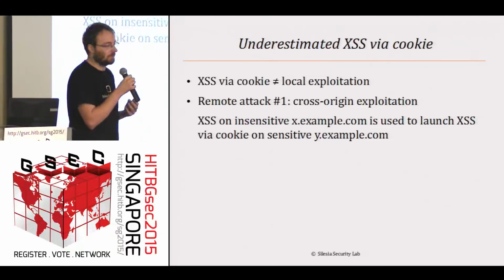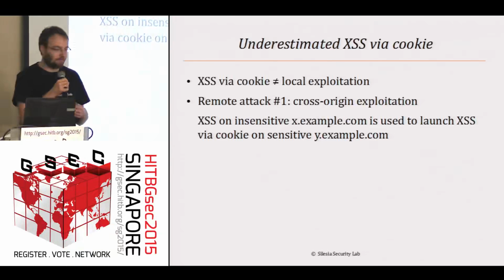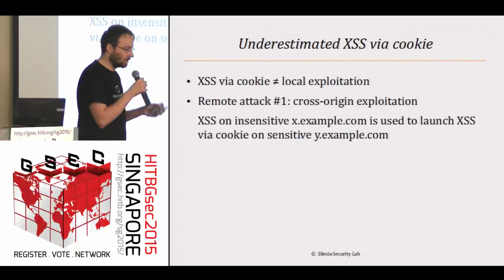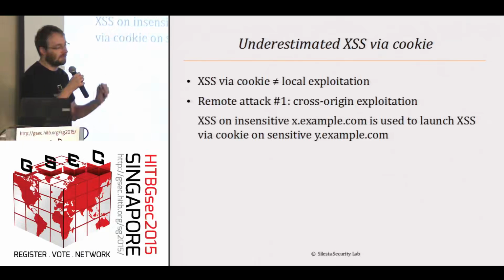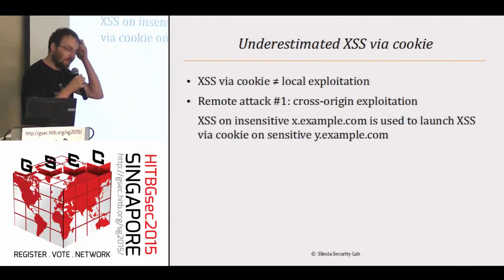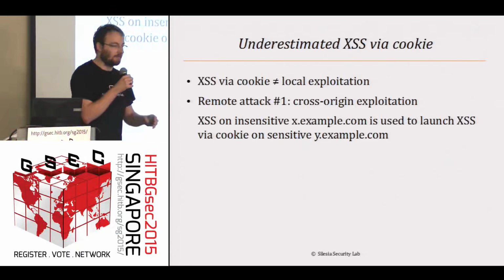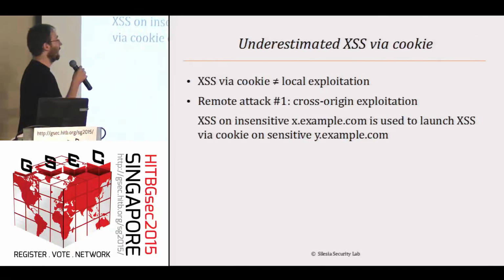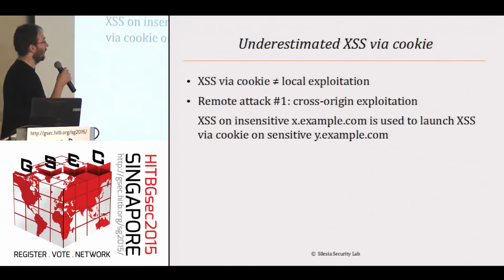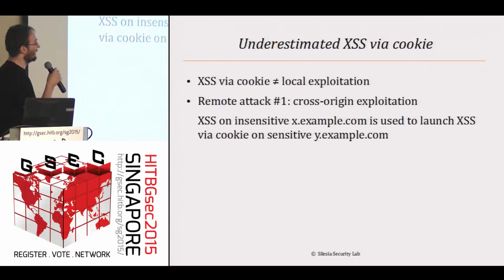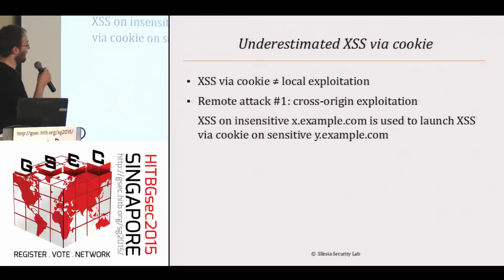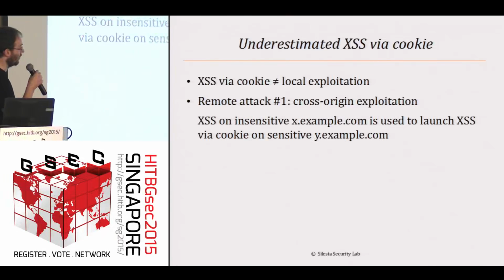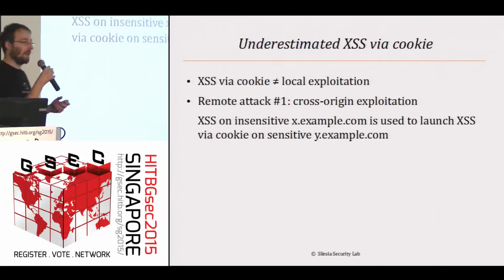This is very often the case, and very often if managers see that XSS via cookie is possible, then on Jira you can see the risk as low, and very often it is just like that forever. But what you can do is, again, try to dig into another subdomain, a less sensitive one. If you find XSS on this subdomain like x.example.com, you can set a cookie, because this is how cookies work.